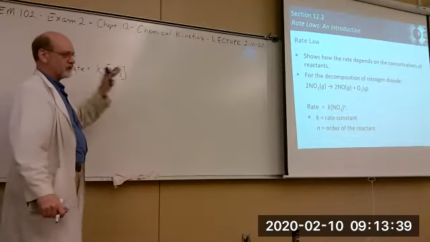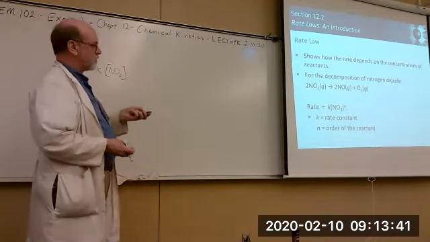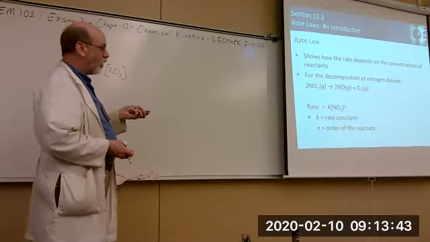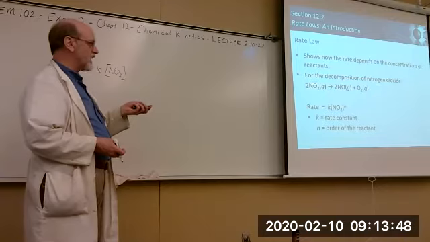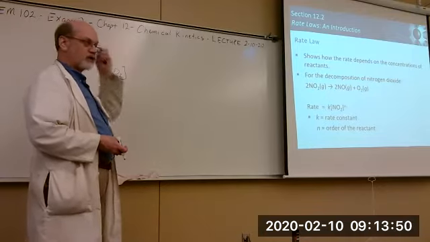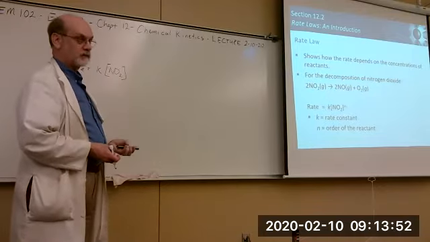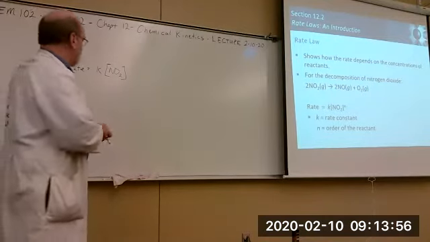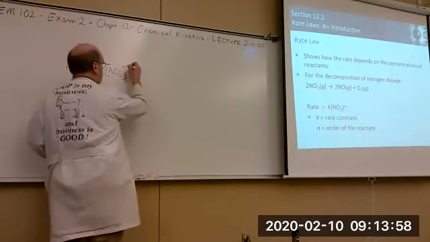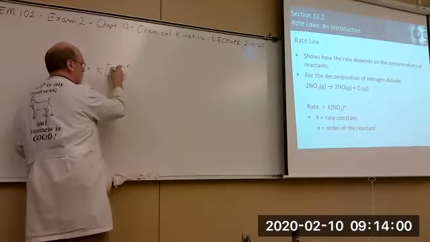You can't determine it from the reaction. At this point, the overall reaction has no impact on that. You can't derive K from the reaction. You have to determine it experimentally. And then there may also be a power associated with that concentration.